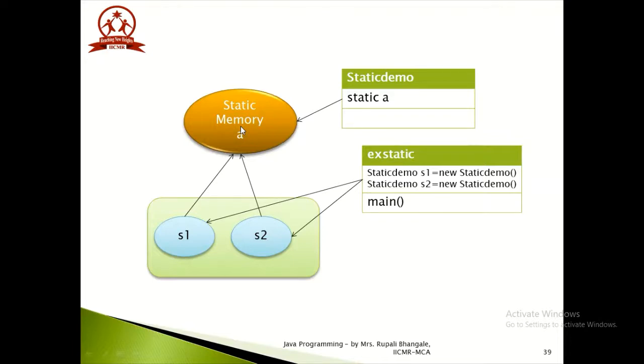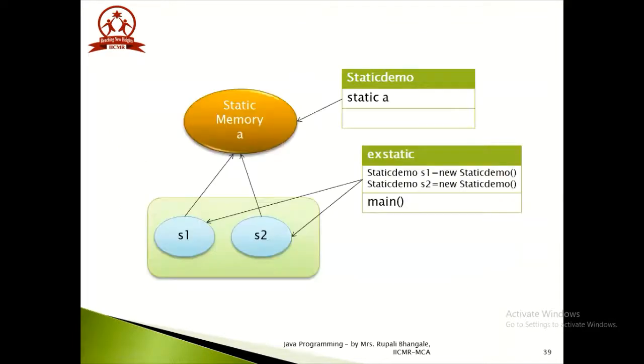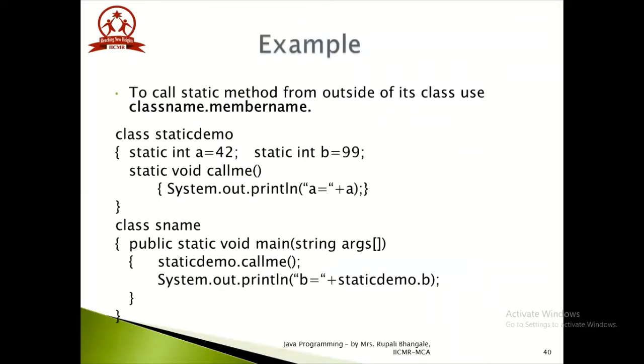So this is how your class member can be used itself without referencing to a specific instance. As we saw, the same thing is being applied with the method also. So how you are going to call a particular static method?